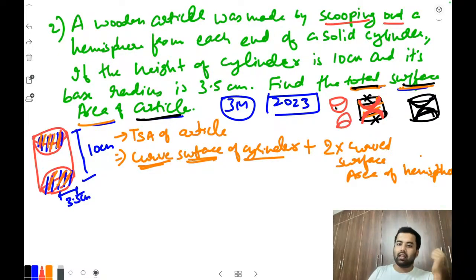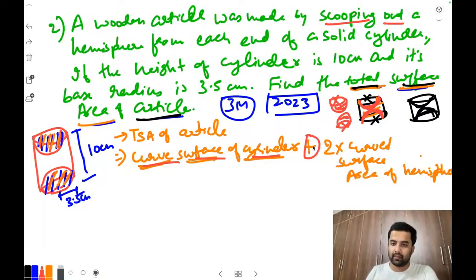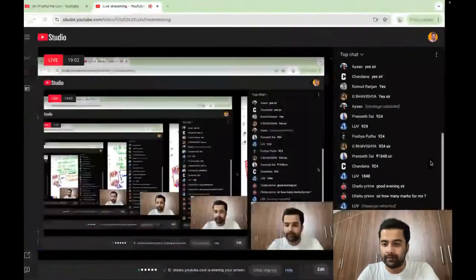Here we only have to figure out the curved part, not the top, because it is open, not closed. That's why we did curved surface area of cylinder plus 2 into curved surface area of hemisphere. By this addition, we will get the total surface area of this article.